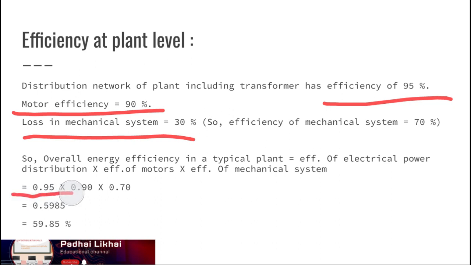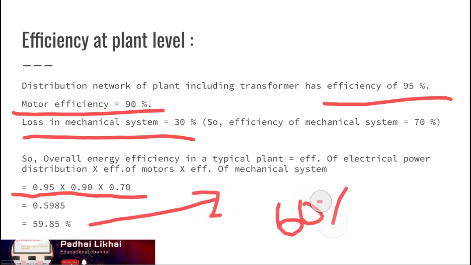That is 95% the efficiency of the transformer of the plant, then 90% the efficiency of the motor, and 70% the efficiency of the mechanical system. So if we multiply all these, we will get this at around 60%.